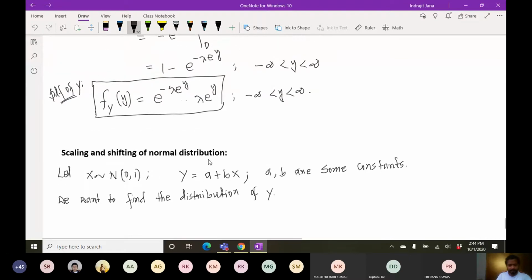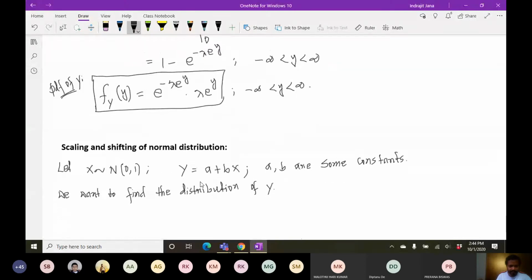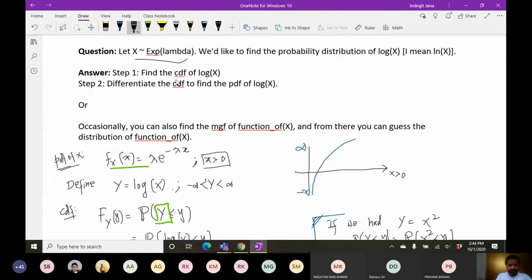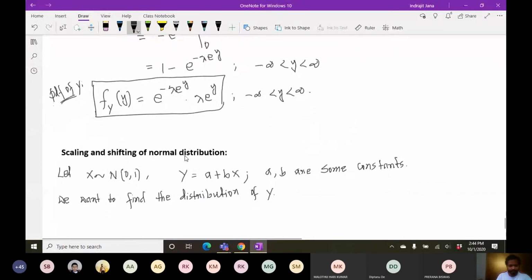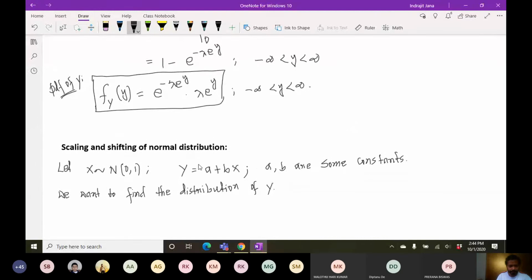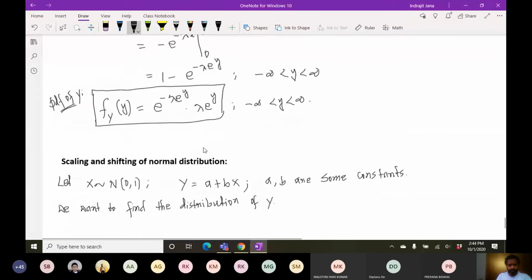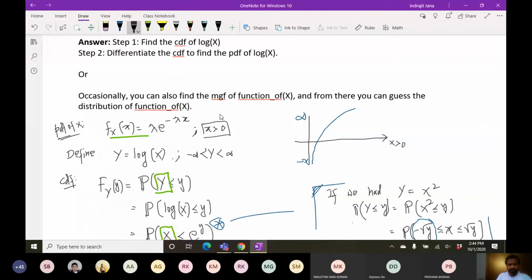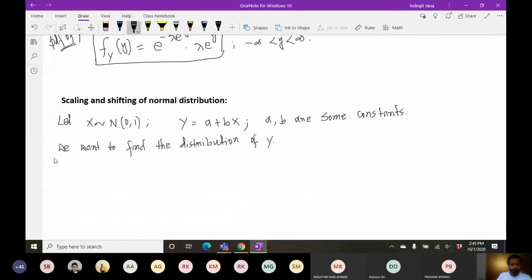Now you can obviously follow the previous technique. Previous technique means this y is some function of x, right? So you can try to find the CDF of y, which is a plus bx, and then differentiate that to get the PDF of y. That is definitely possible. I'm going to do another technique here, which is via the MGF. That's why I wrote that occasionally you can find the MGF. So I'm going to find the MGF of y, and we will conclude from there.